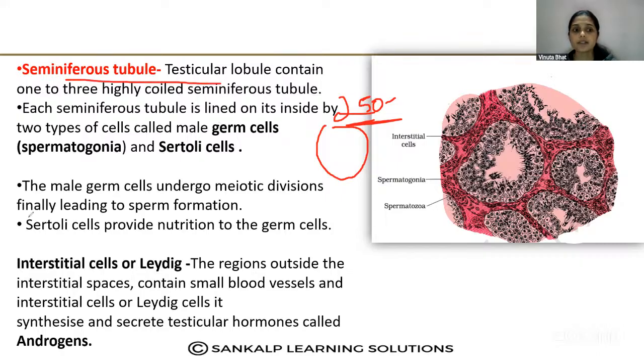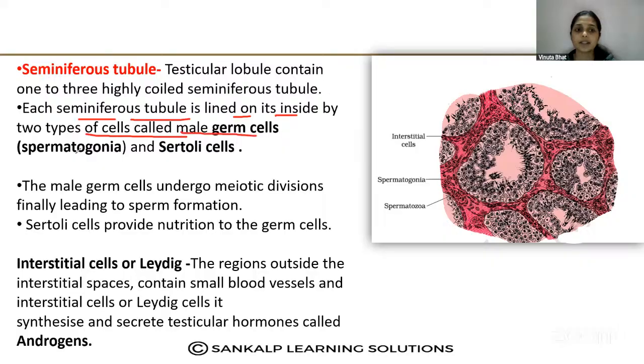So what is this seminiferous tubule? Each seminiferous tubule is lined with two types of cells: male germ cells, that is spermatogonial cells, and Sertoli cells. This is the structure of the seminiferous tubule.